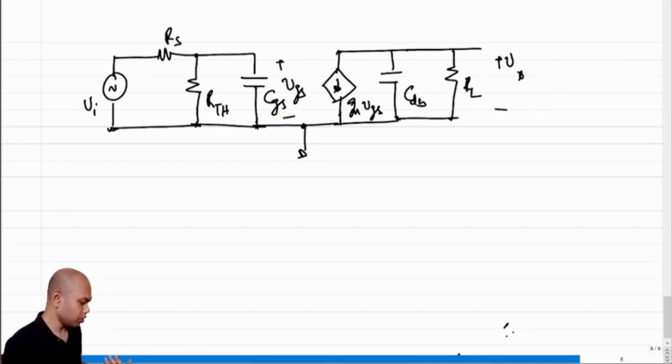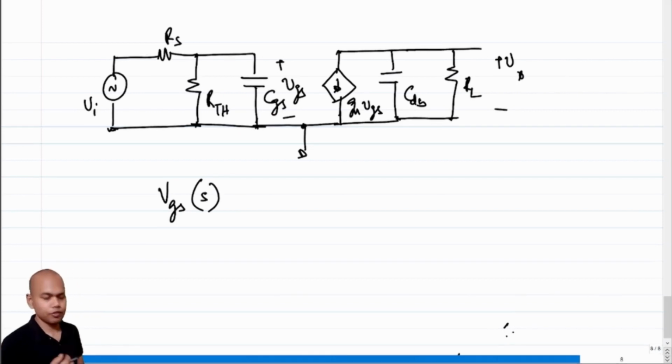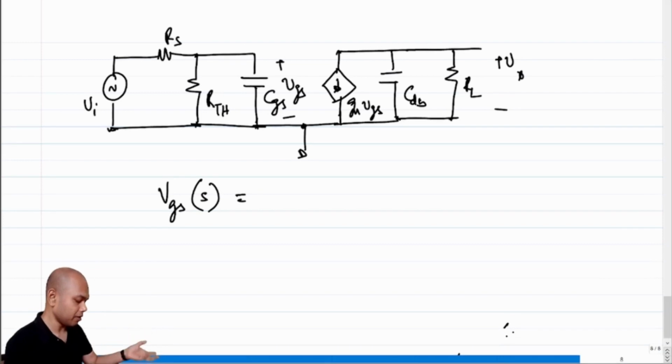Okay, so now, as usual, what should we do? We should find out what VGS is, because VGS is not only a resistor divider between RTH and RS; there is a frequency dependent element, CGS. So what will VGS be? Evaluating in the Laplace domain, we see it's a voltage divider between the parallel combination of RTH and CGS, and RS.